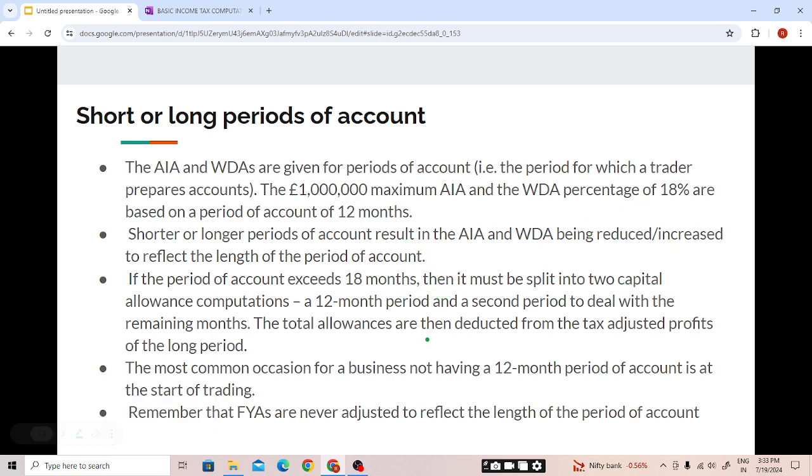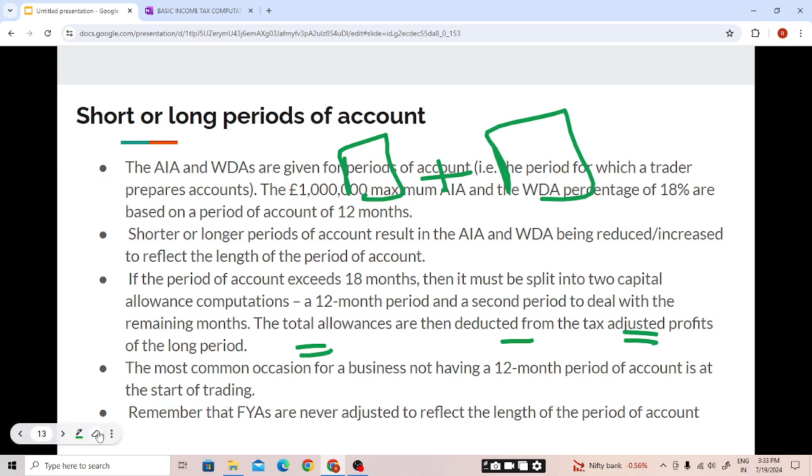But when we adjust for tax, we take the total allowances, the 12 months and the further months calculation. I hope this point is clear.